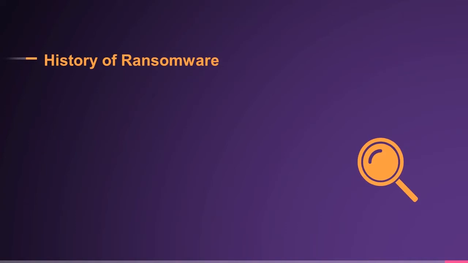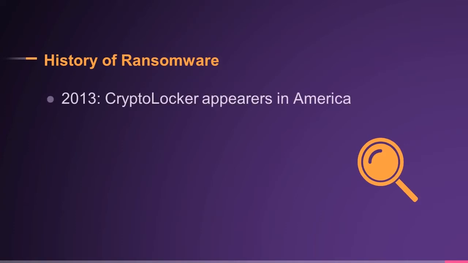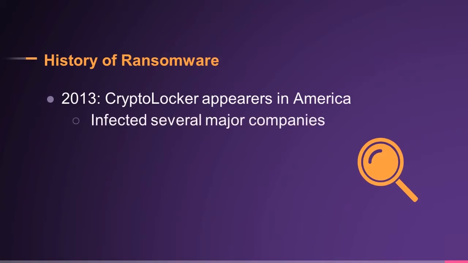Next is the early 2010s, which is when ransomware starts to become noticed. 2013 shows signs of CryptoLocker appearing in America, which was able to infect several major companies such as UPS or FedEx.